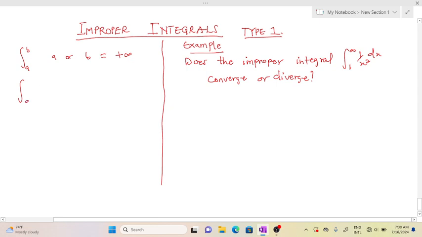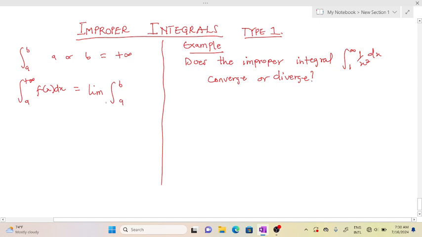You can have the integral from a definite a to infinity of f of x dx. To solve this problem, the general approach is to find the limits, as you put some unknown here, let's say b.